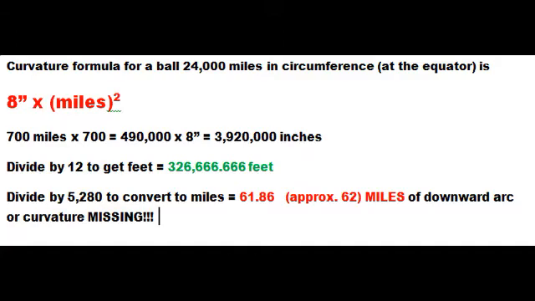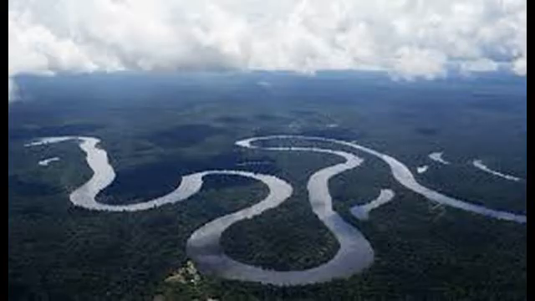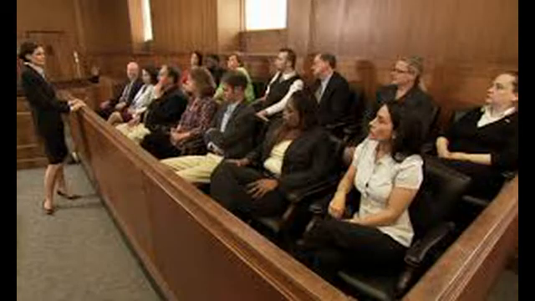That's 326,666.666, of course, triple sixes, feet. Divided by 5,280 feet gives us miles. So then, there should be a drop of approximately 61.86 or 62 miles. But in reality, there's only a drop of 12 inches. Something to ponder, perhaps?